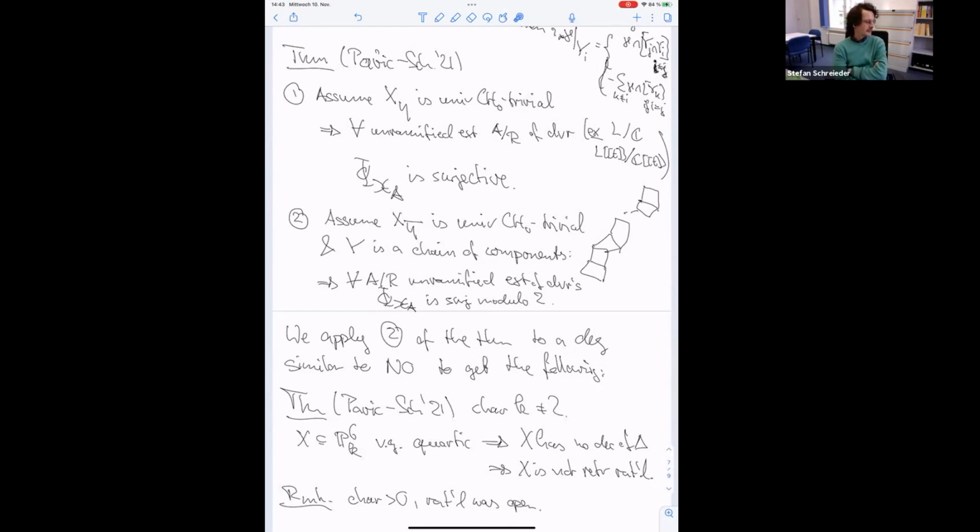I haven't thought about it, so I probably can't answer off the top of my head, but this might be feasible. It sits in between unirationality and stable rationality. So, yeah, I don't know. I would guess that one can answer it for surfaces, but I don't know.